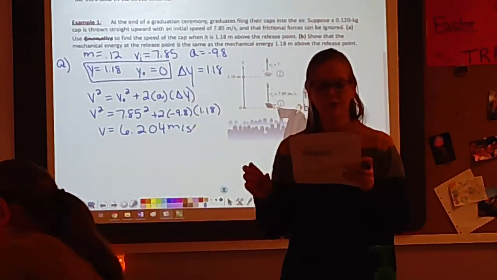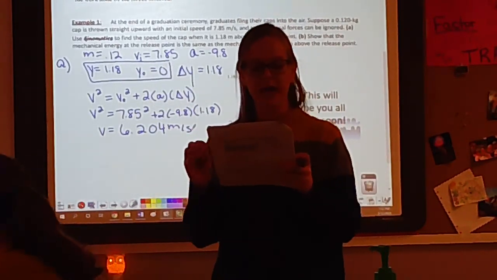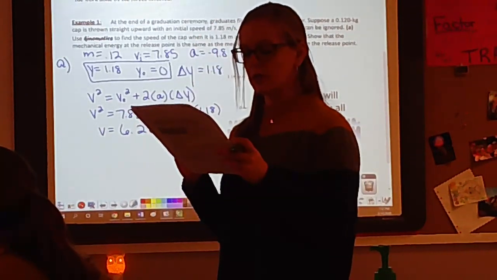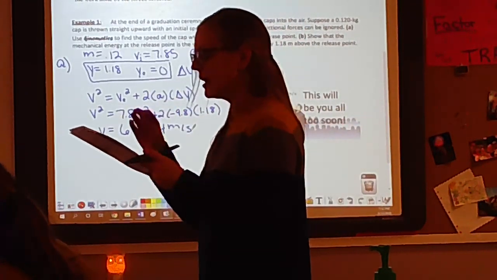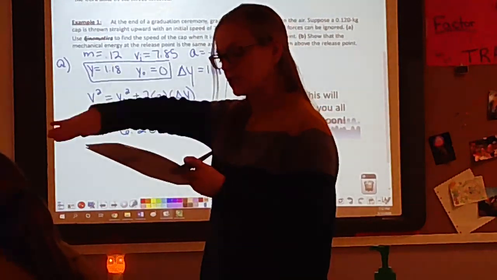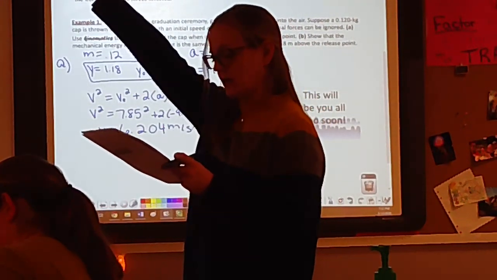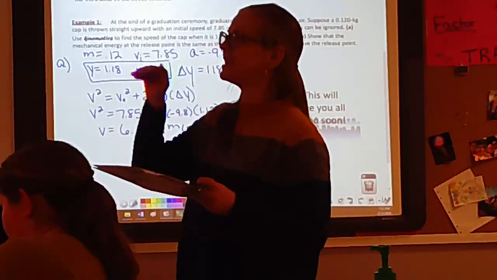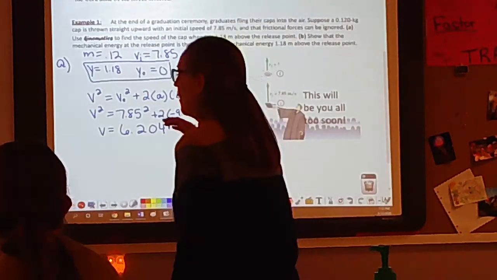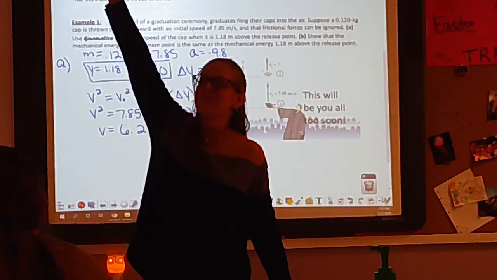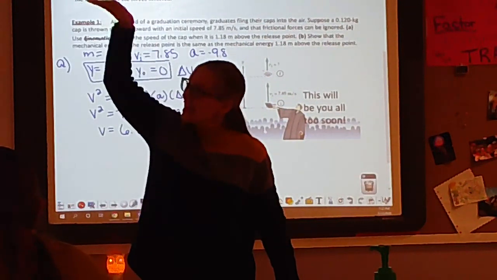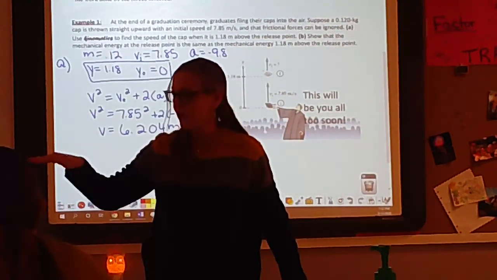Part B. Show that the mechanical energy at 1.18 above the release point. Show that I skipped this. Show that the mechanical energy at the release point is the same as the mechanical energy at the top. Oh, at this point. Okay, guys. Here it is at the top. They're saying show that the mechanical energy here is equal to the mechanical energy here.